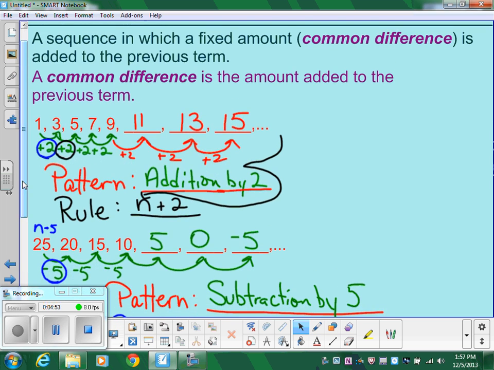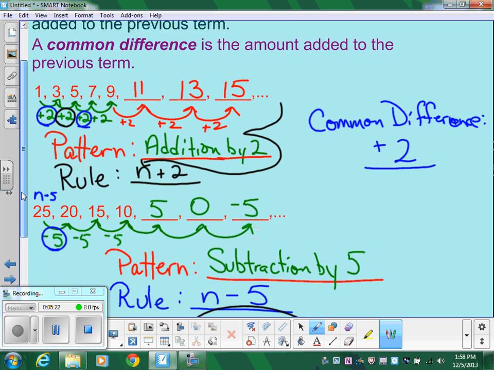Which means if we return to this first example, our common difference is the amount that is added to each term as we continue through our sequence. For this particular sequence, our common difference is positive 2.